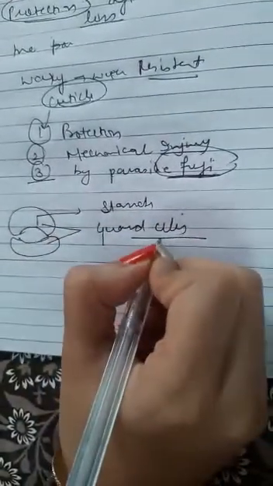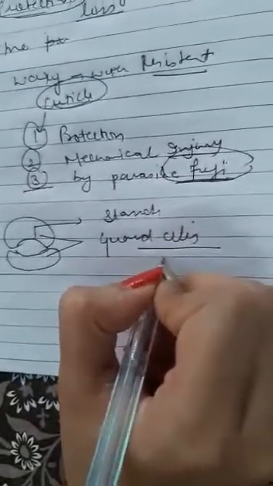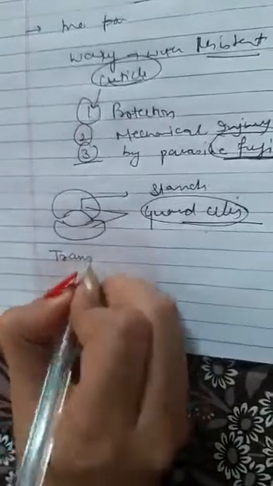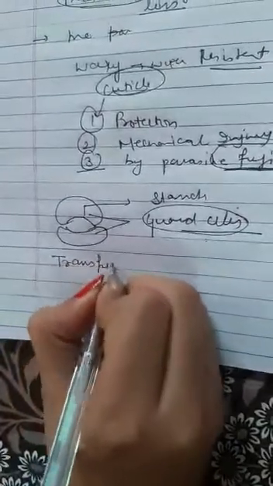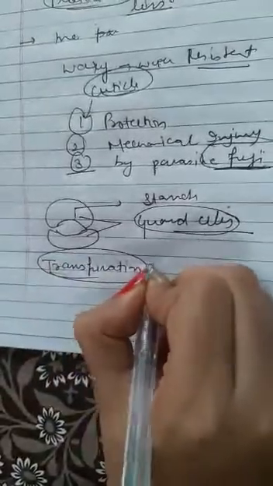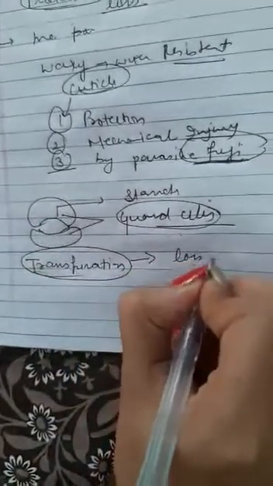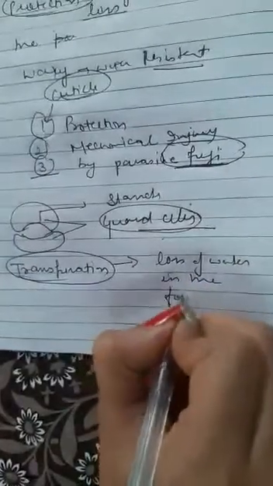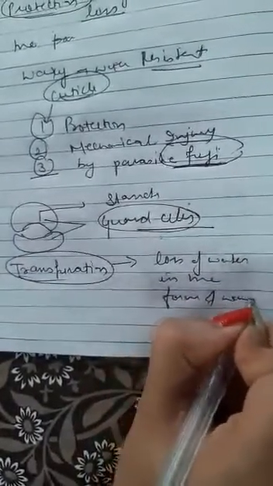They are necessary for exchanging gases with the atmosphere. Next, a process present here is transpiration. What is transpiration? Transpiration is the loss of water in the form of water vapor that takes place through stomata.